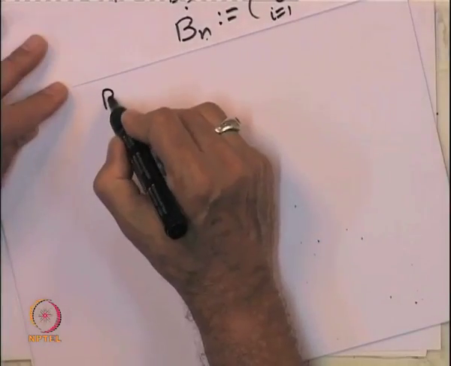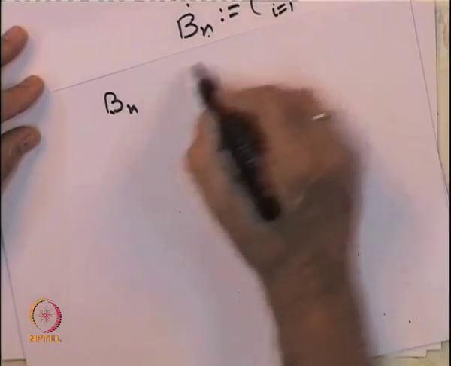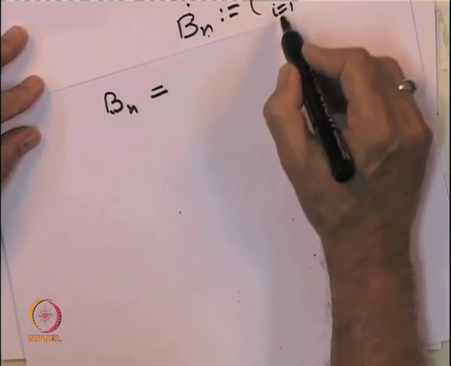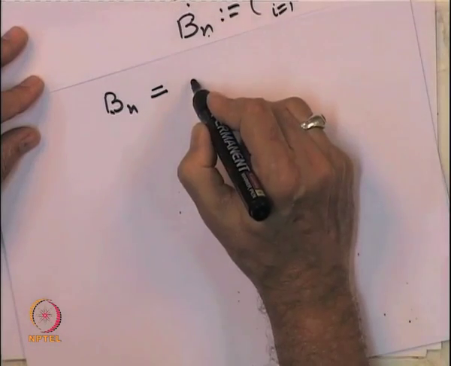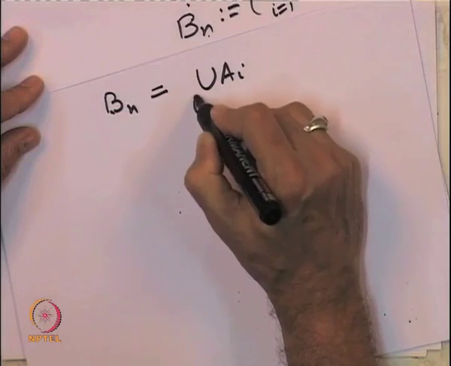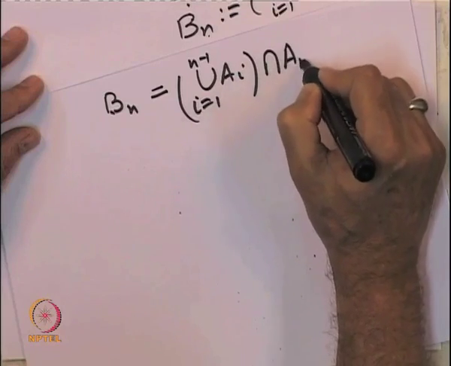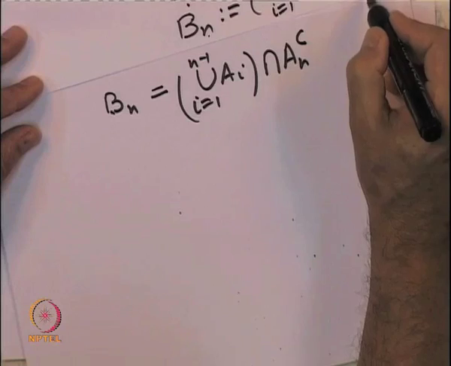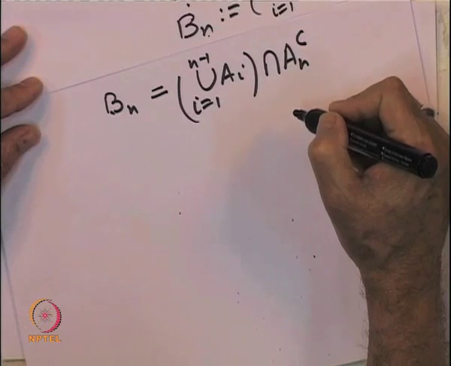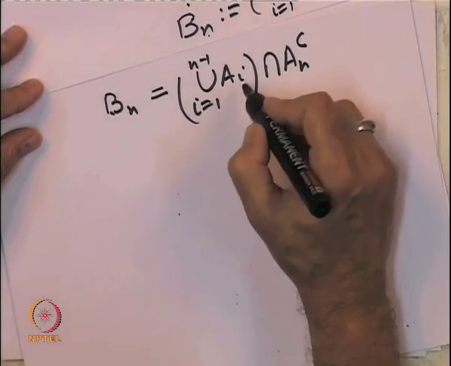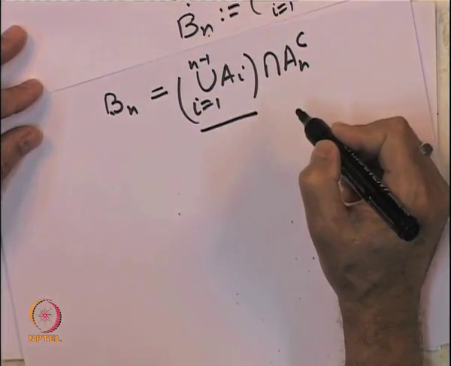So, let us observe that B n is equal to A n minus the union of these A i's. What does this look like? It is A n intersection the union of A i, i equal to 1 to n minus 1, complement, because removing a set is the same as taking its intersection with the complement. Now observe, each A i is an element in the algebra, and this is a finite union of elements in the algebra.